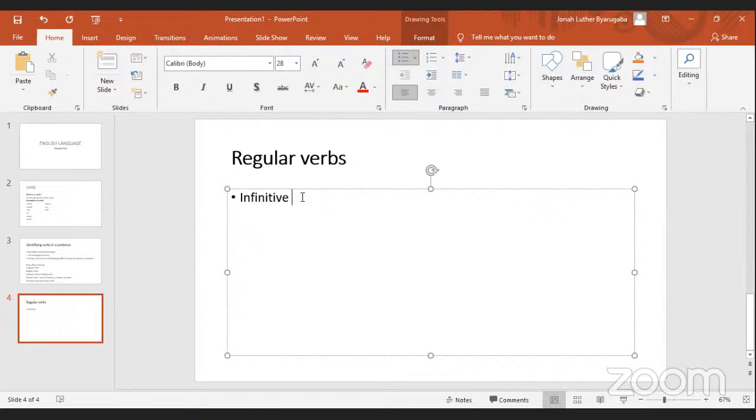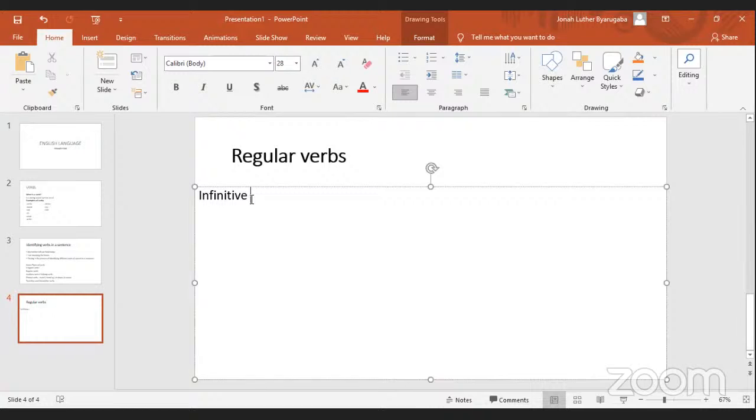The infinitive is that verb in its base form. For example, stand. Walk, sit, dance, those are called infinitives.